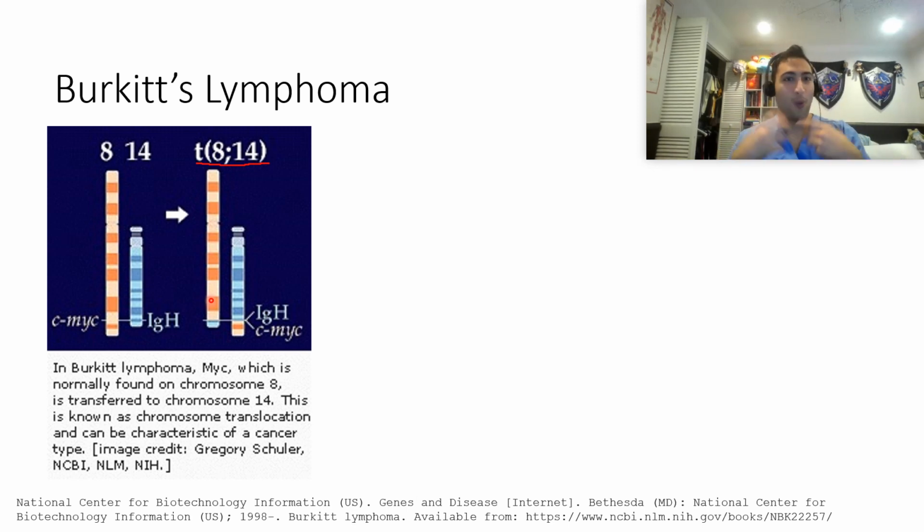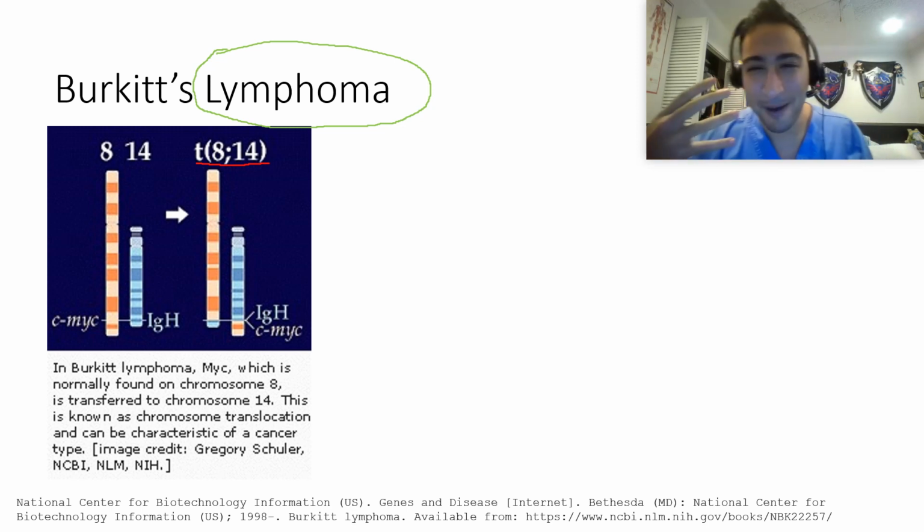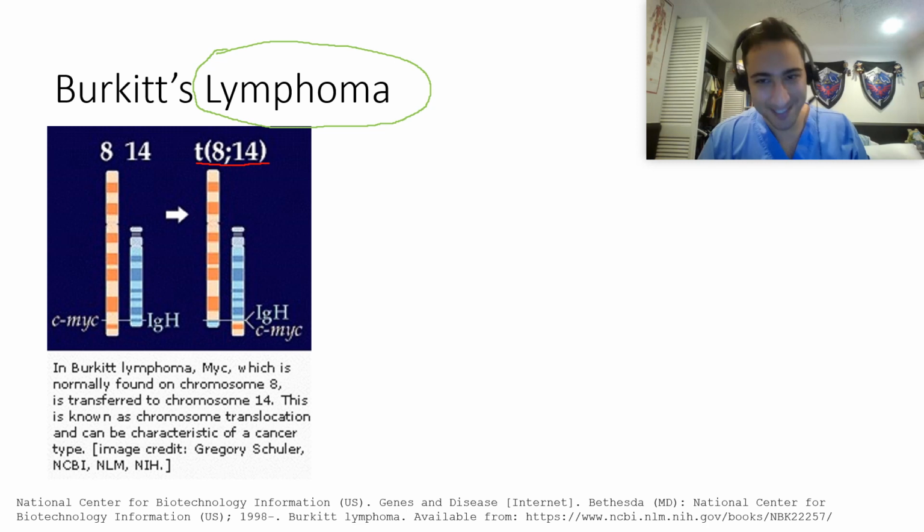So what kind of cancer develops? Burkitt's lymphoma, a lymphoma, which is a growth of lymphocytes of the immune system. It's a tumor of the immune system, not of the T cells, of the lymphocytes.